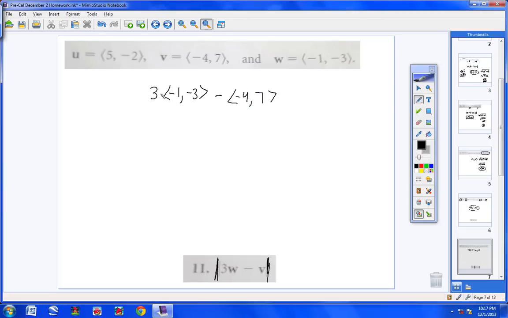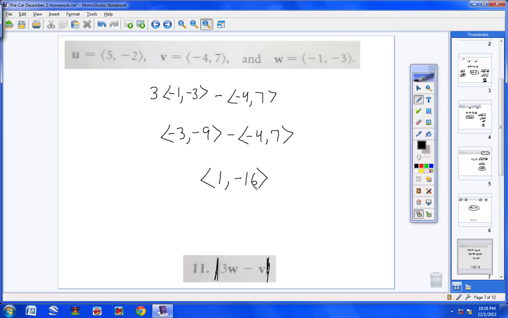All right, here we go. 3 times this vector here would be 3 times negative 1 is negative 3. 3 times negative 3 would be negative 9. And then minus this vector here. Negative 3 minus a negative 4, that would give us a 1. And negative 9 minus 7 would give us a negative 16.